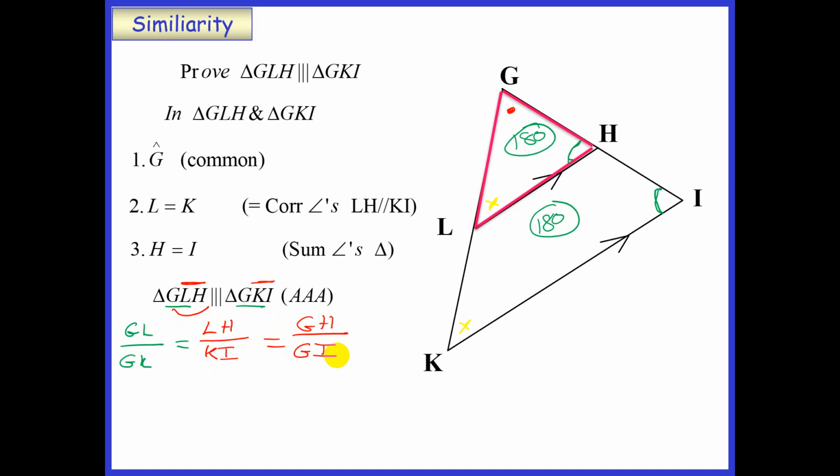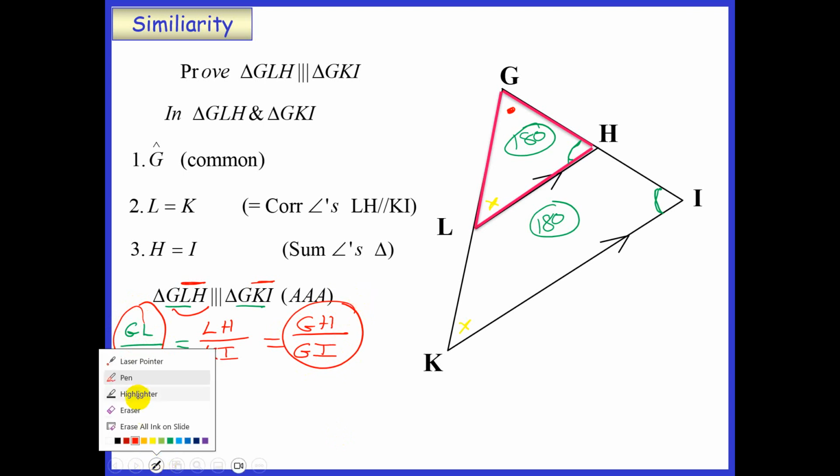What is very interesting here is that from ratio and proportion, we would have concluded that GL over GK is equal to GH over GI. But from similarity, we can now form a relationship and conclude that GL over GK will be equal to LH over KI.